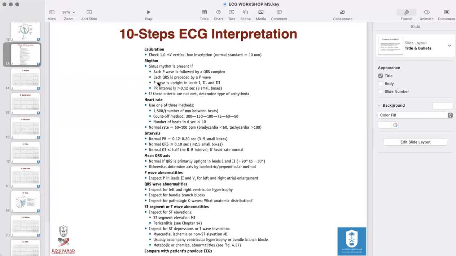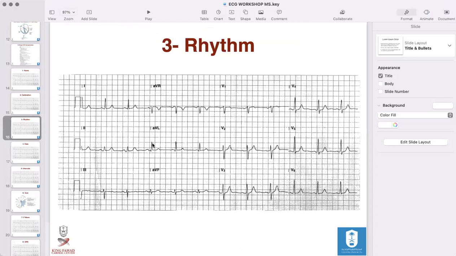And a P wave is upright on lead 1, lead 2, and lead 3. And the PR interval is more than 120 milliseconds. If that's not the case, then that's not a sinus rhythm.